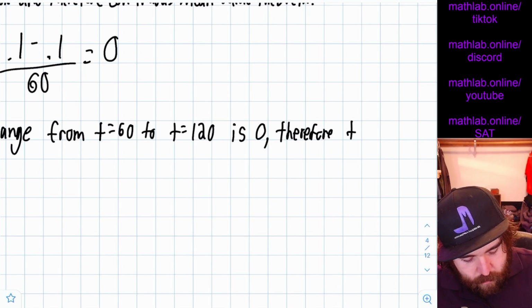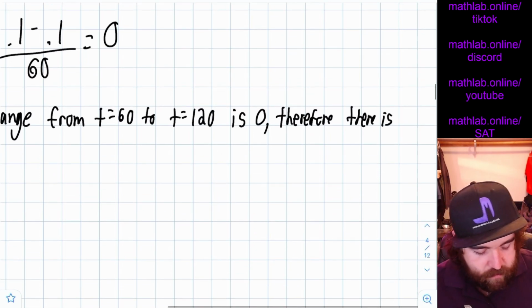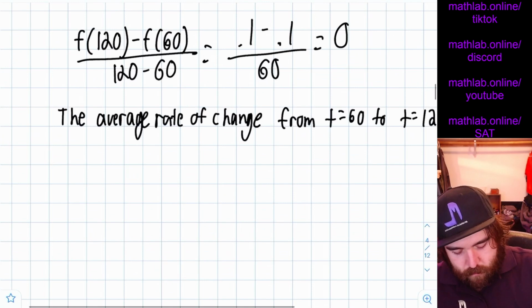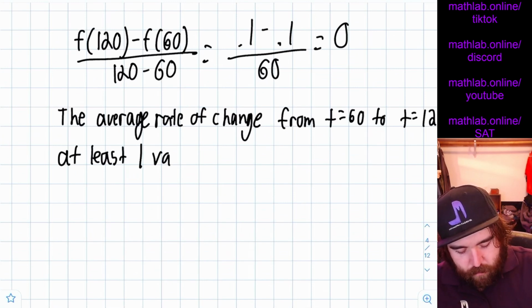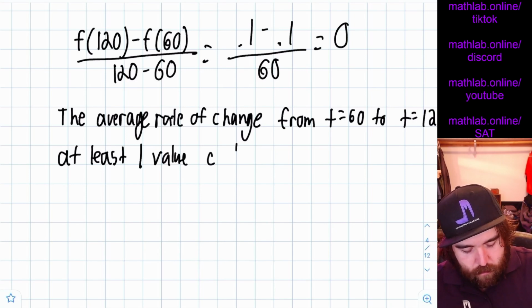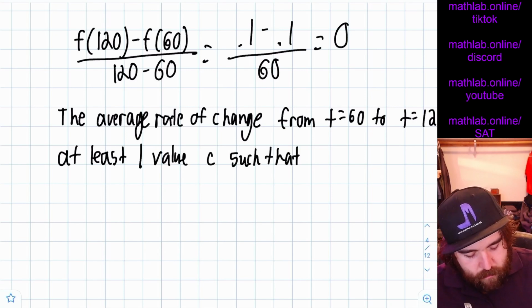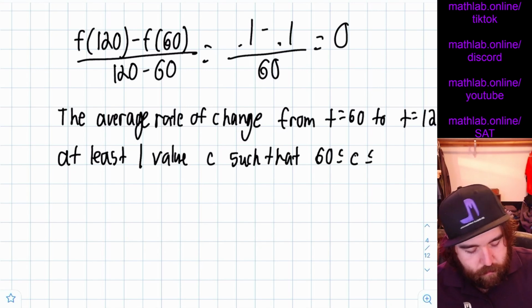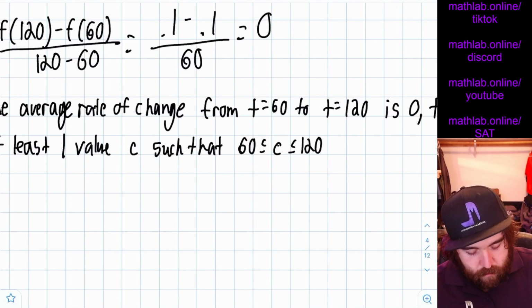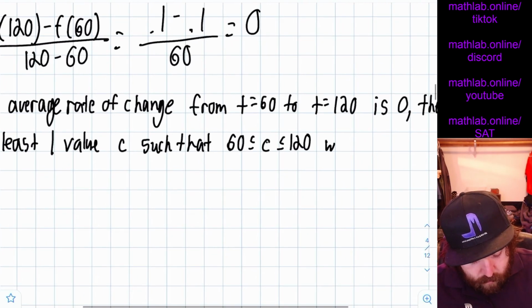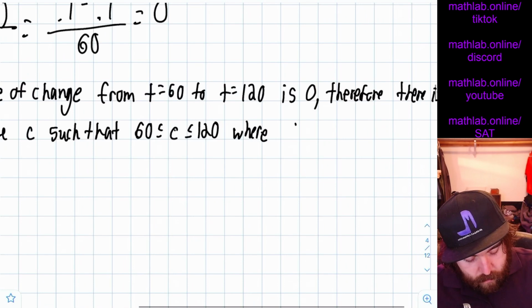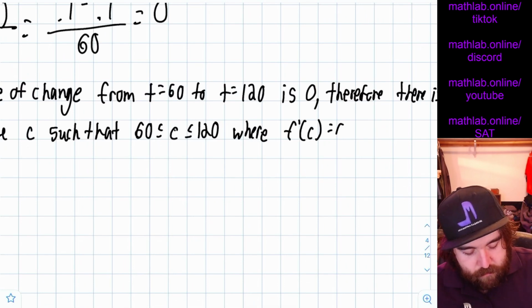Therefore, there is at least one value C, I'll go ahead and use inequality, such that 60 is less than or equal to C is less than or equal to 120, where f prime of C equals 0.